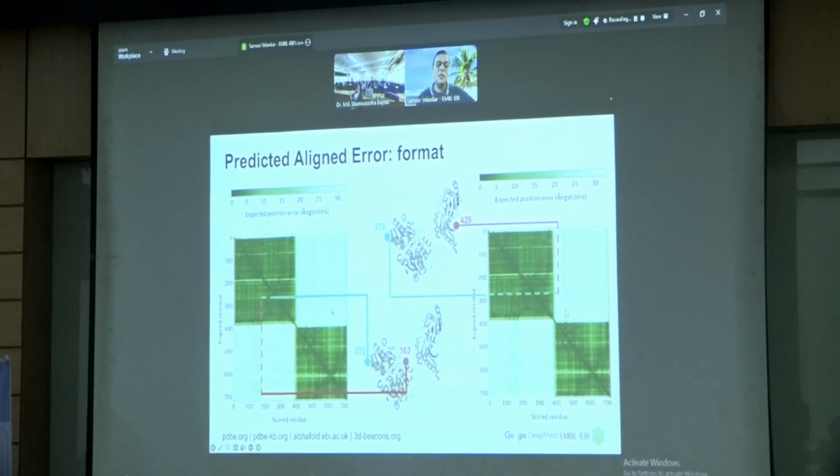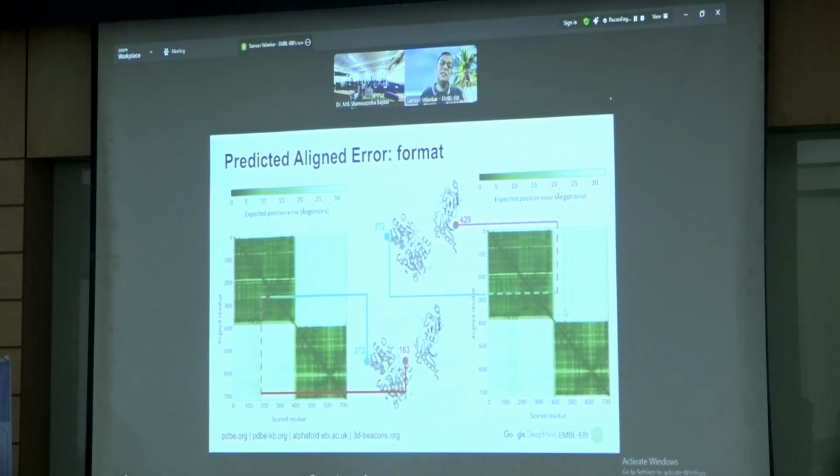So this is just two examples, in the same domain, the same example we used before. If these two residues you see here are green, what that means is the error in the relative position is low.